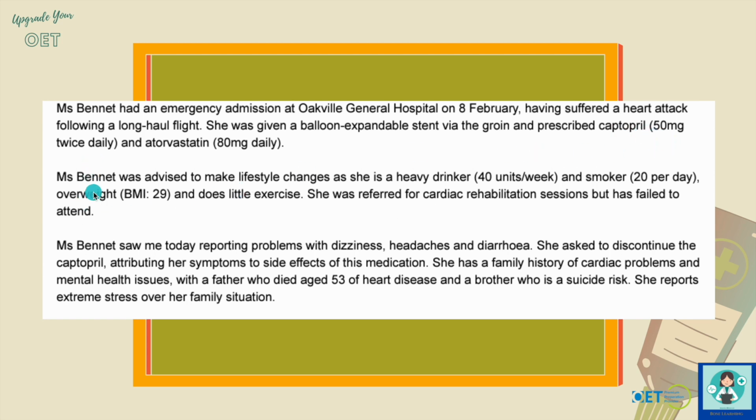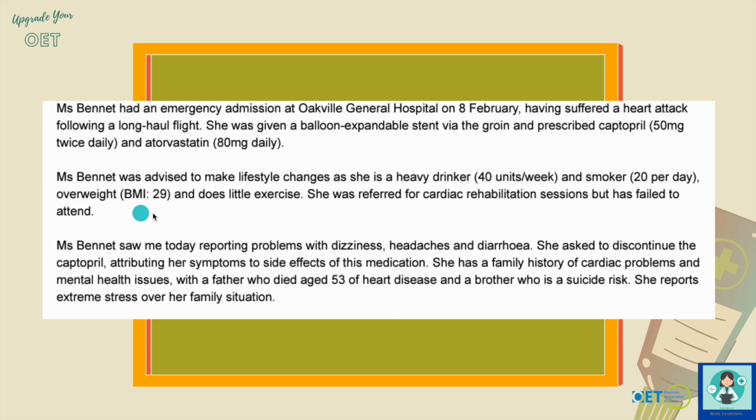Then, what was she advised at the time? She was advised to make lifestyle changes. Why is that important to know? Because the reader is going to review this, is going to make some suggestions, some further suggestions to your patient. So because the reader needs to know all of this, he needs to know that she's a heavy drinker, 40 units a week, and a smoker, 20 per day.